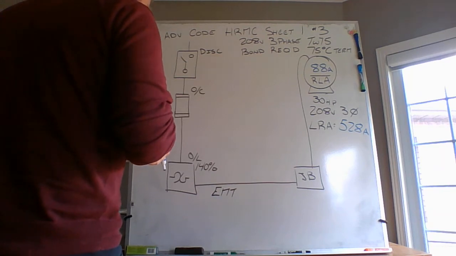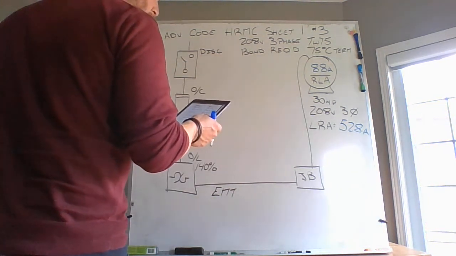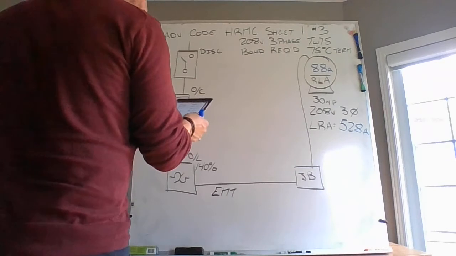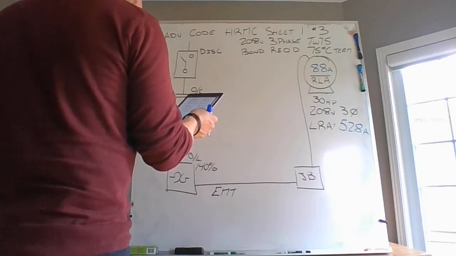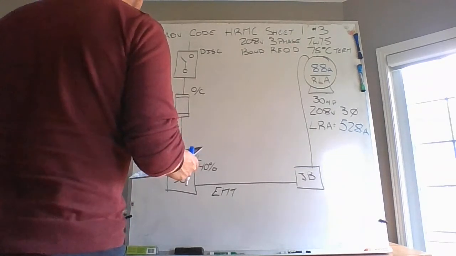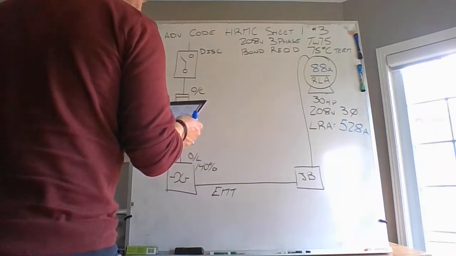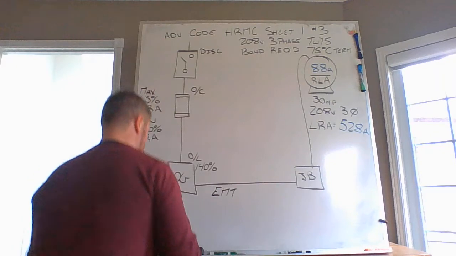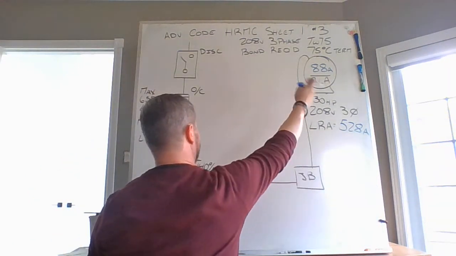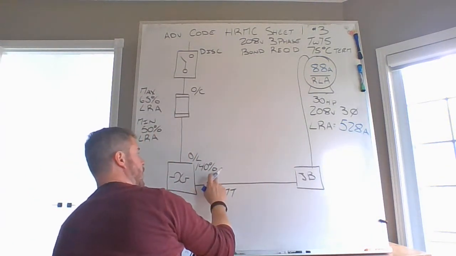Okay, so we can kind of go anywhere now that we have those two numbers. We have locked rotor current and we have our rated load current. I might as well start with overloads. Okay, your overloads are based on your rated load current at 140%.